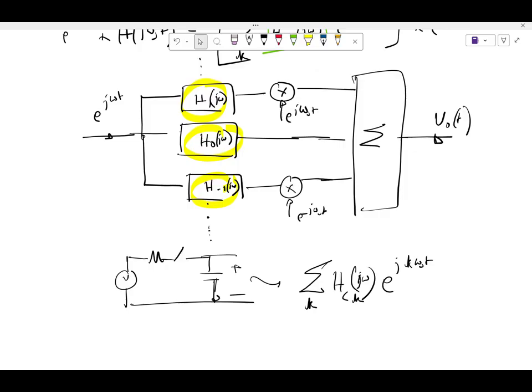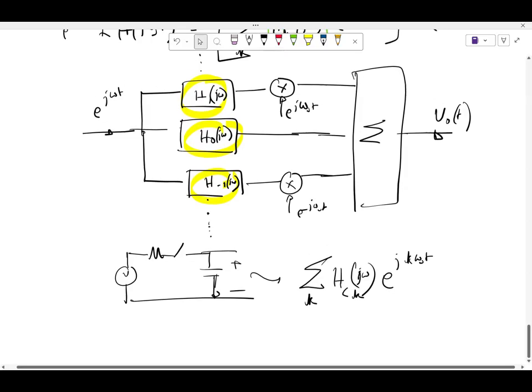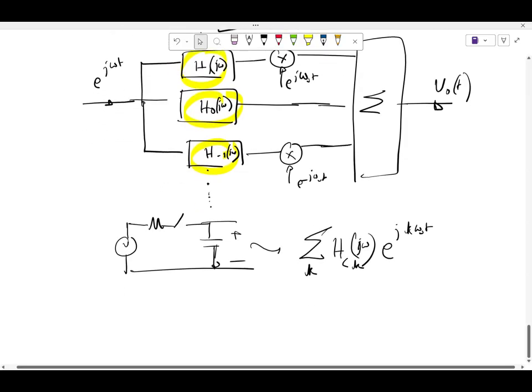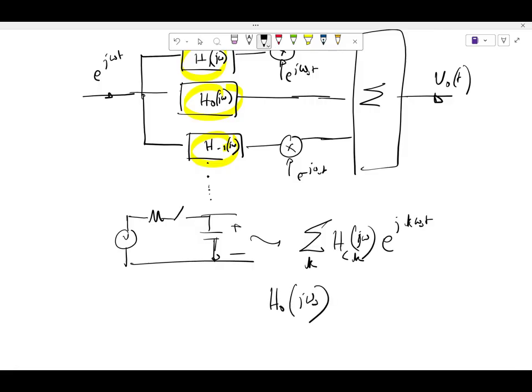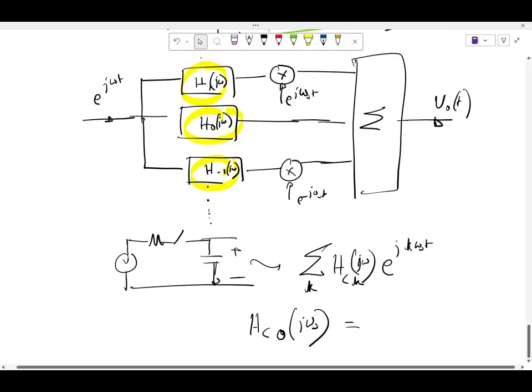In order to find H0, I should not say H0 only, I should also say H0 at what frequency, because it is also dependent on frequency, right? So let's say I am interested in H0 at j omega s. What will be HC0? You know everything, now give me a value.